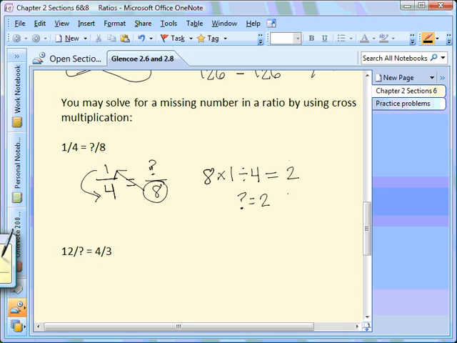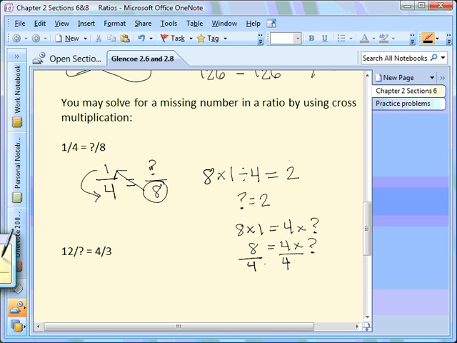Now, that is the easiest way of doing it because once you know the pattern, it's easy to solve. However, here's the algebraic way so that you know the official mathematical way to solve these. You create the cross multiplication problem. So you create 8 times 1 equals 4 times question mark. You'd solve for each side. 8 equals 4 times question mark. And then you have to move this 4 to the other side of the equation. So you divide it out.